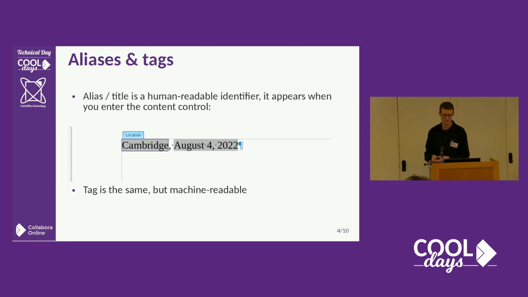So you can adjust that if necessary. The alias is something that's presented to the user, so it's user readable, something human friendly, and tag is very similar, but that's meant to be some stable identifier, so that later you can extract data from the document if necessary.